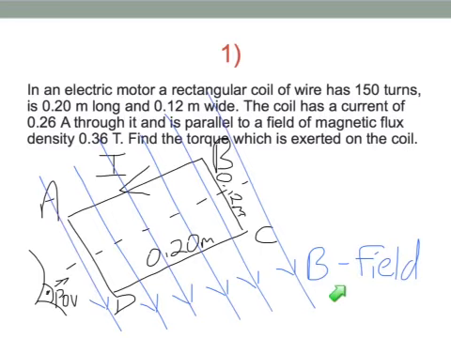Notice the magnetic field, the B field, is running along these blue lines here. So you can see that lengths AD and BC are parallel to that magnetic field, and it's only lengths AB and DC which are at 90 degrees, or perpendicular, to that magnetic field, which is important, of course.